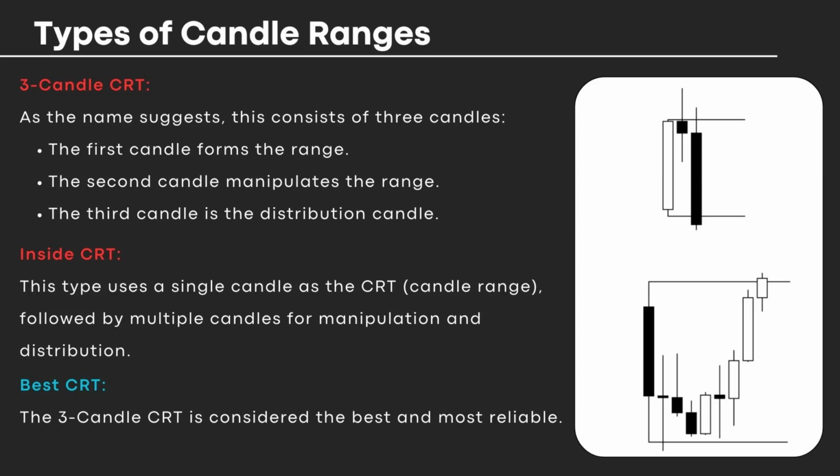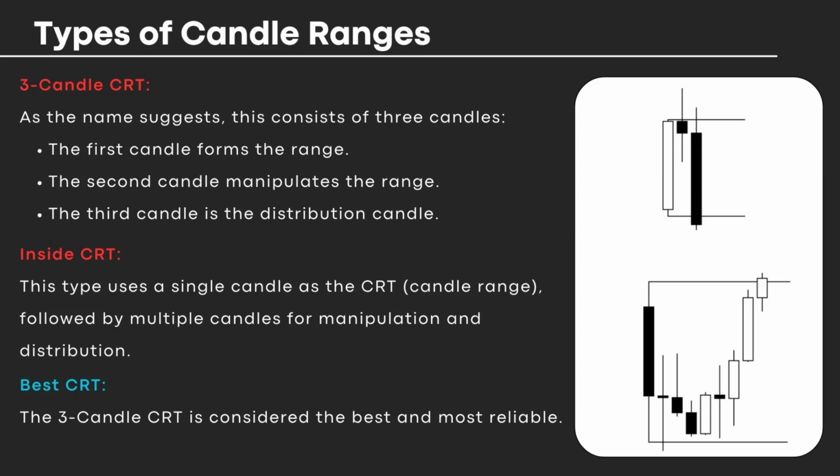The next type of CRT is the multiple candle CRT or inside CRT. This type of CRT, just as the name suggests, is made up of multiple candles and isn't limited to only three candles. The first candle always acts as the candle range, and it's followed by multiple candles for manipulation and then multiple candles for distribution. Now, this type of CRT can have multiple forms and can present itself in various types.